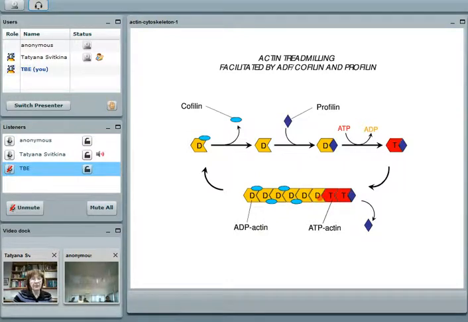Then the ATP is hydrolyzed, phosphate is released, and this is an all ADP-bound filament where ADF-cofilin binds, severs, and releases monomers. Then profilin binds, exchanges ADP for ATP, and it is added again to the barbed end. So this cycle, with the help of cofilin and profilin, can increase the rate of treadmilling about 100-fold.